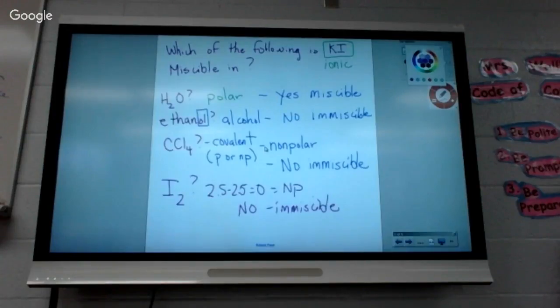An alcohol? What do we say about alcohols? They dissolve both polar and nonpolar. So put an X or a no. Okay? To the next row.